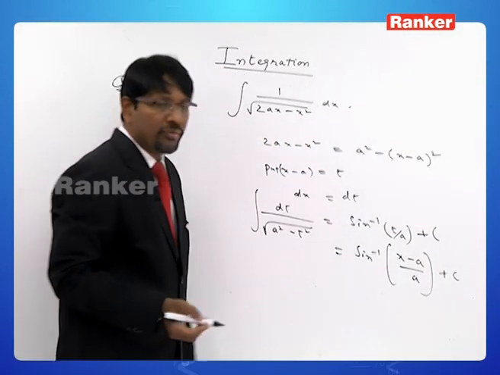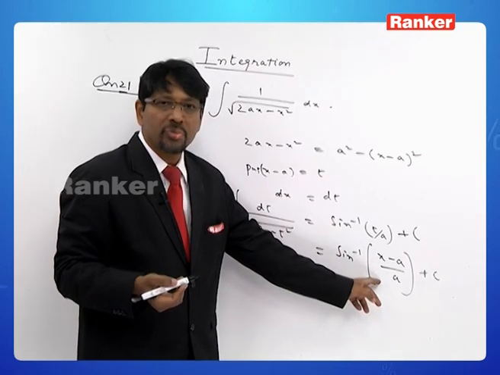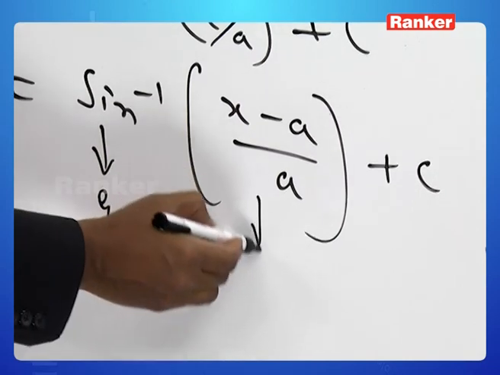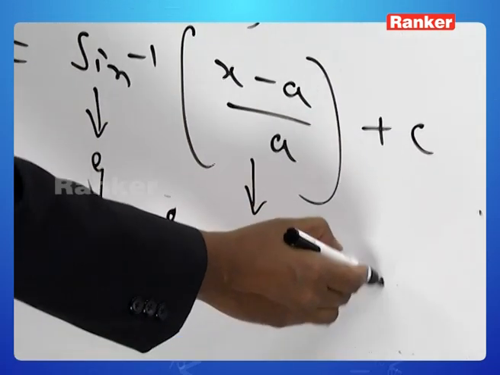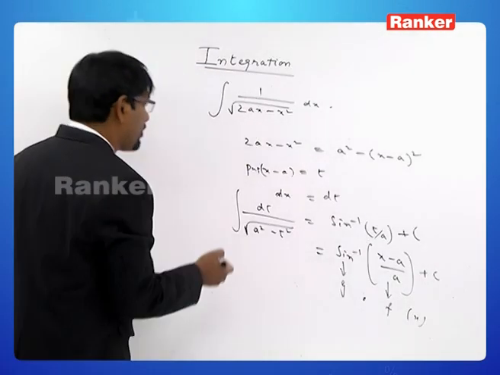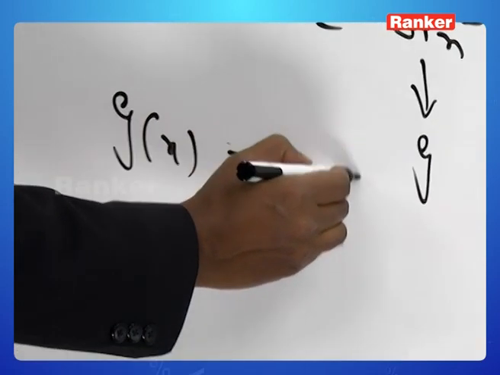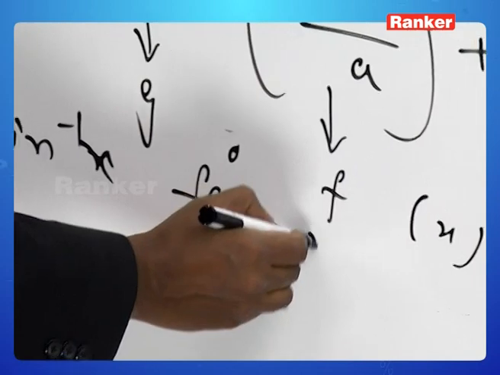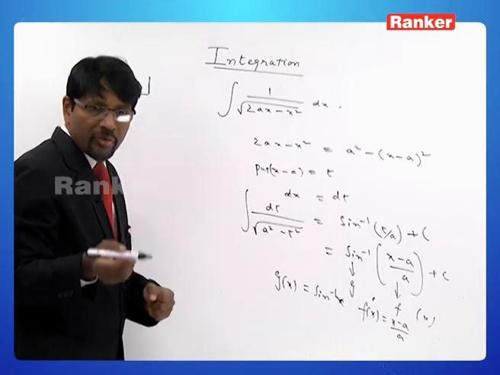So it is clear that sine inverse is the outer function, and the inner function is x minus a by a. So if you call this g and this f, then it is in the form of f composition g.